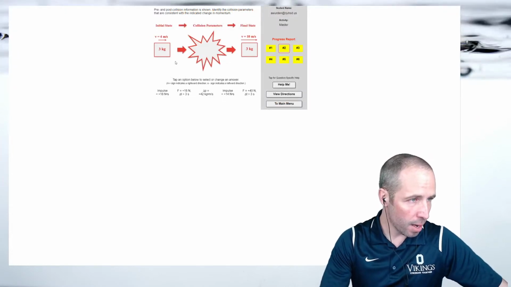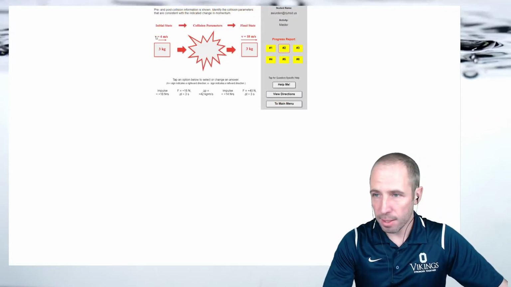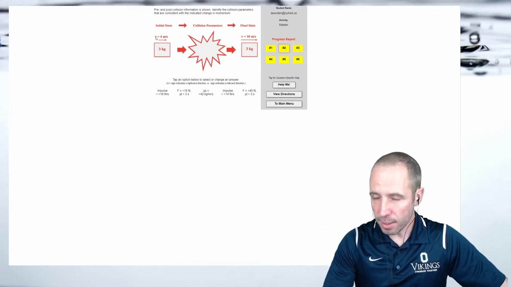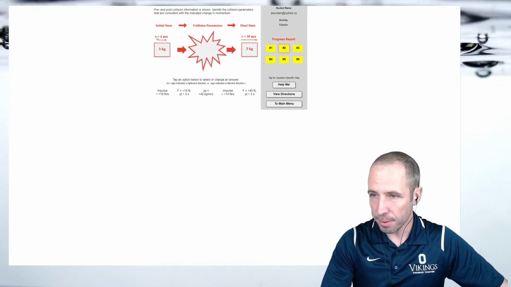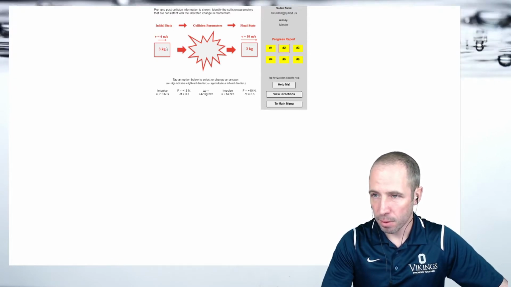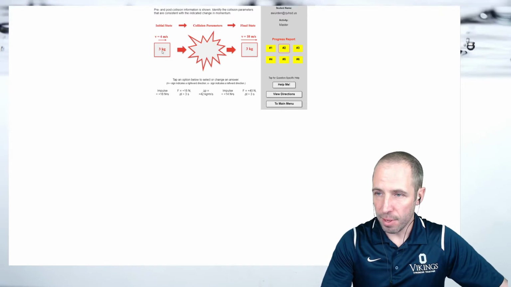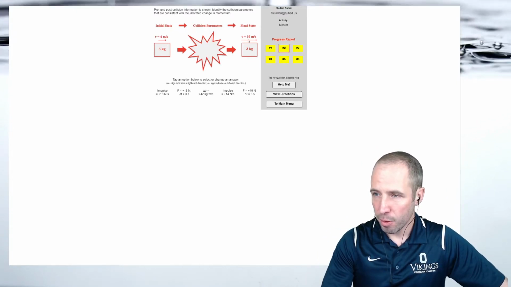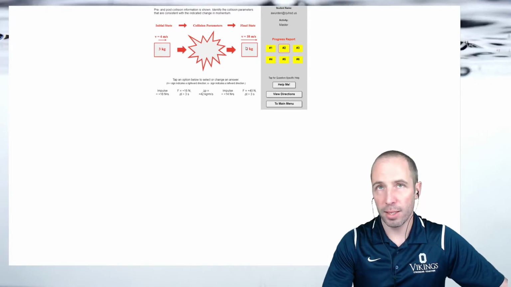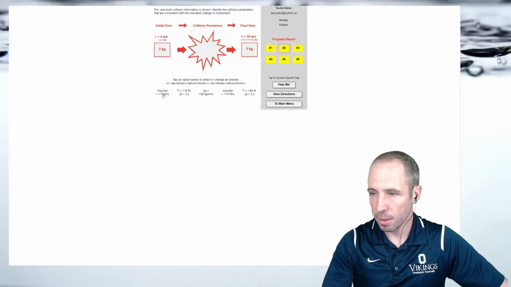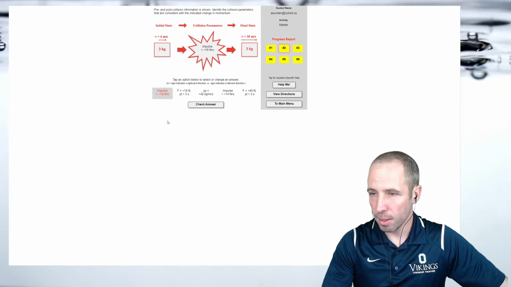All right, now notice that this says velocity, not momentum. So what I need to know is the total momentum beforehand is the mass times the velocity. So p equals mv. So that's 3 times 4 is 12, 3 times 10 is 30. Okay, 12 up to 30 is a difference of 18. There we go.